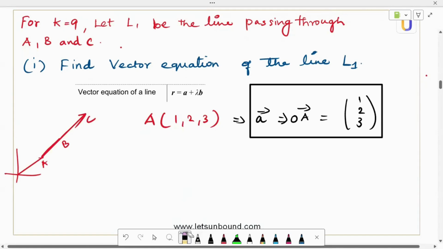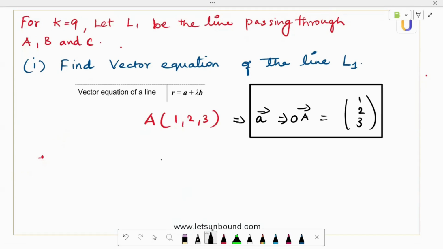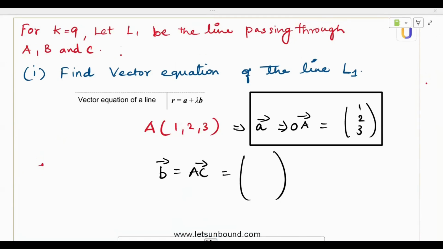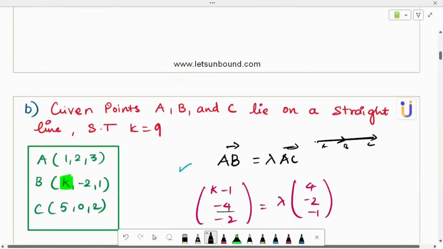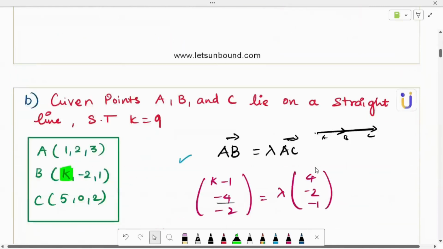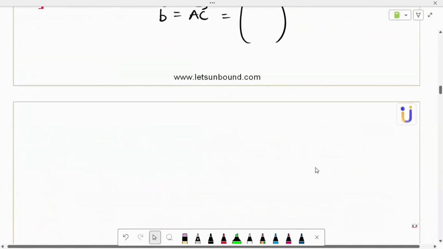So that should be your B vector in this case, right? So the B vector is nothing but the AC vector. We already have this AC vector, let me show you. We found it in the first part itself: 4, minus 2, minus 1. Hope you can see here. 4, minus 2, minus 1. This is our AC vector, and let's jump there.